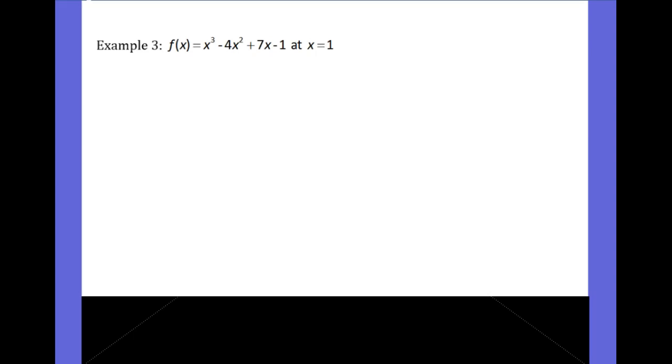So the original is y equals x cubed minus 4x squared plus 7x minus 1. The rule for finding the inverse is to flip the x and y's. So this would become x equals y cubed minus 4y squared plus 7y minus 1.